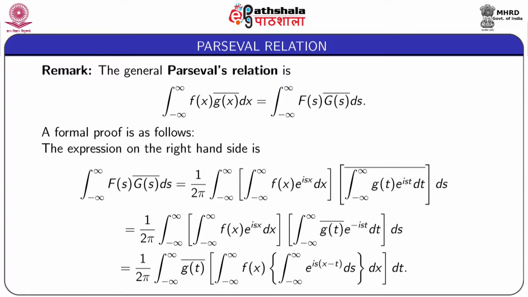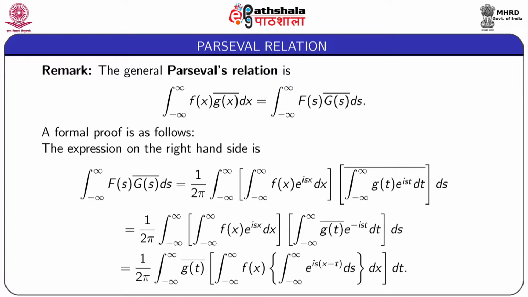Now, the general Parseval relation is integral minus infinity to plus infinity small f(x) into small g bar(x) dx is equal to integral minus infinity to plus infinity capital F(s) into capital G(s) bar ds.